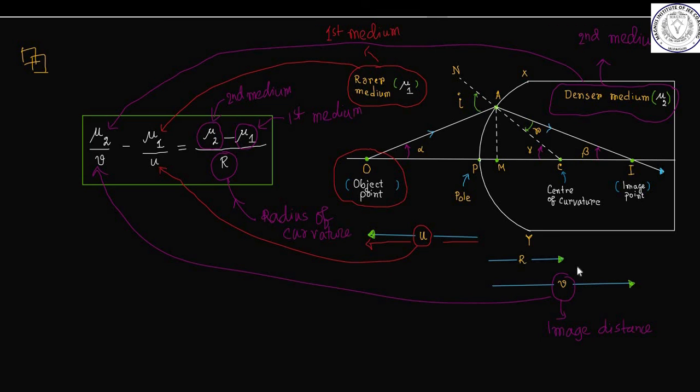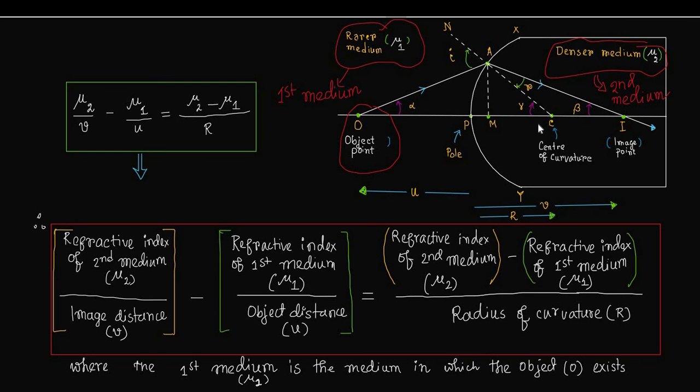And we get the required equation, that is mu2 by V minus mu1 by U equal to mu2 minus mu1 divided by R.